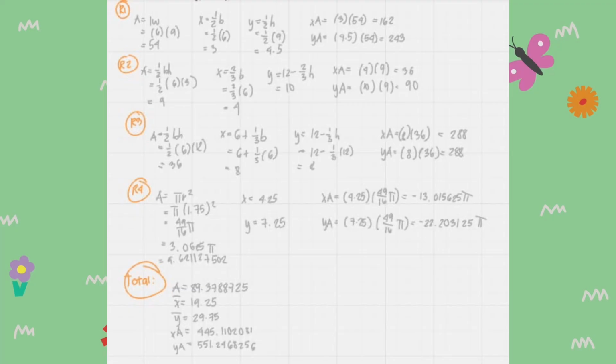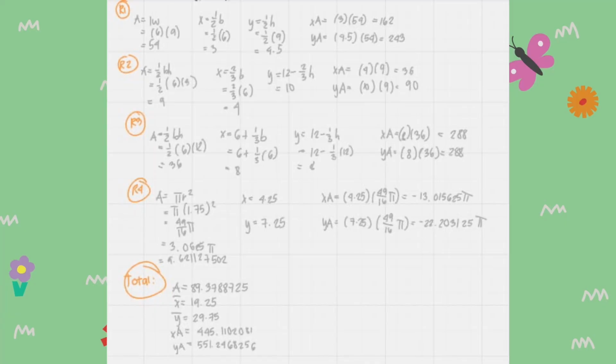Our x is equal to 4.25, our y is equal to 7.25. So x times area is equal to negative 13.015625 pi, and y times area is equal to negative 22.203125 pi.